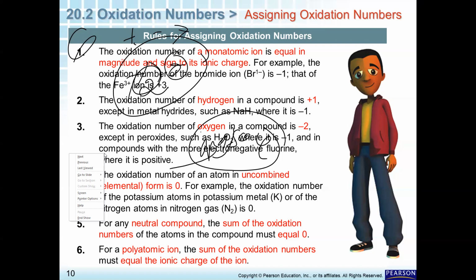Let's take this compound, which is sodium sulfate, Na2SO4. What is the oxidation number of sulfur? How do I find the oxidation number of sulfur? I'm going to use this rule, and the rule that says oxygen is always -2. I'm going to use rule number 1, which says for a monoatomic ion it is +1. So sodium is +1, oxygen is -2.